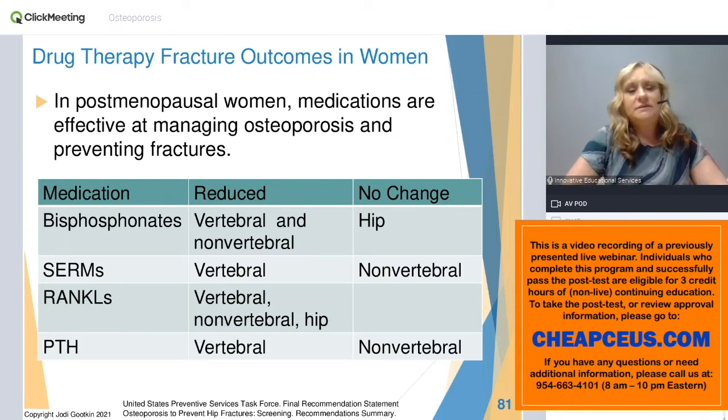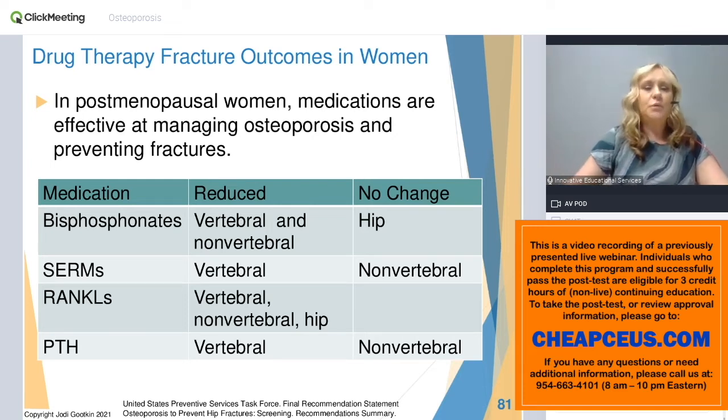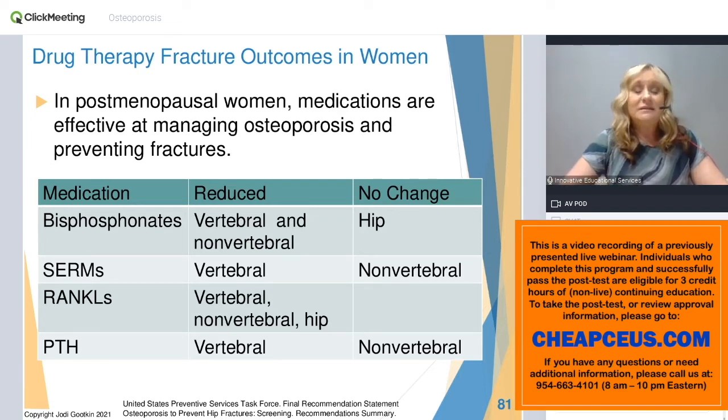Overall, looking at these medications, when we look at the drug therapy outcomes for postmenopausal women, looking at the different studies that are out there, from 2018, the U.S. Preventive Services Task Force pulled all the different research, and they didn't find a lot of research studies that met their stringent criteria for quality.